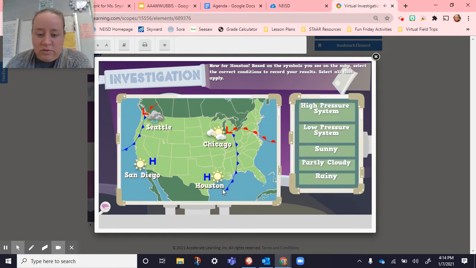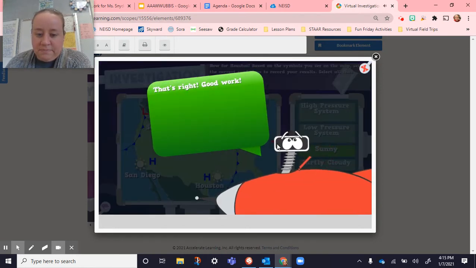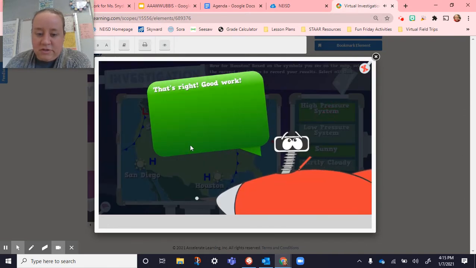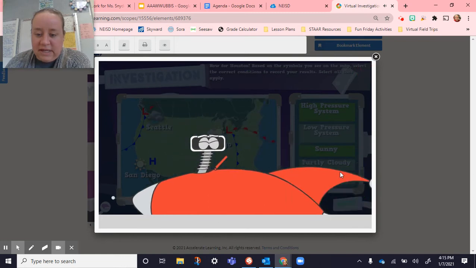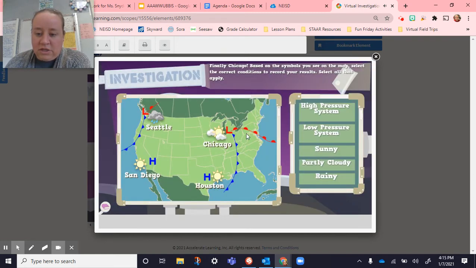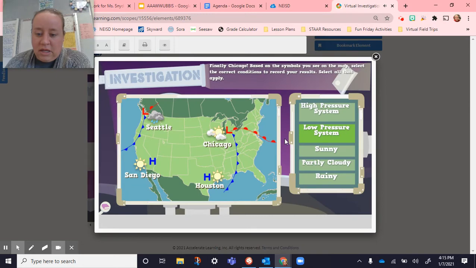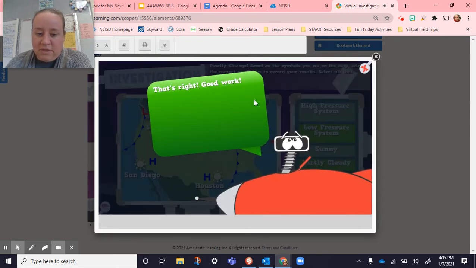Now Houston is sunny, and I see the high pressure system there, so that happy weather, that's why it's all sunny outside. And then Chicago, I see the low pressure system. We're going to have some lousy weather here, and it's partly cloudy, so maybe the rain is coming.